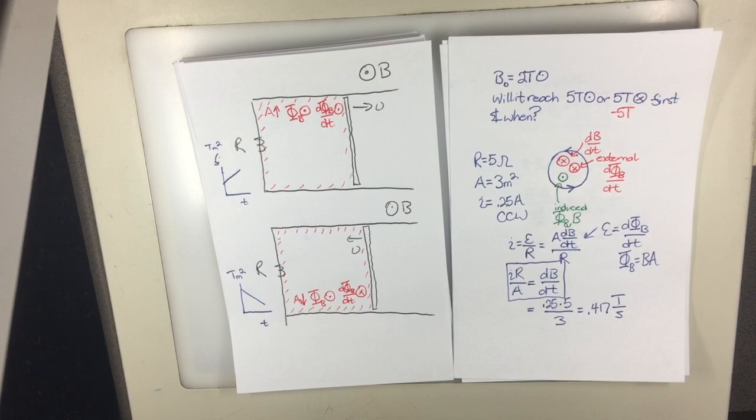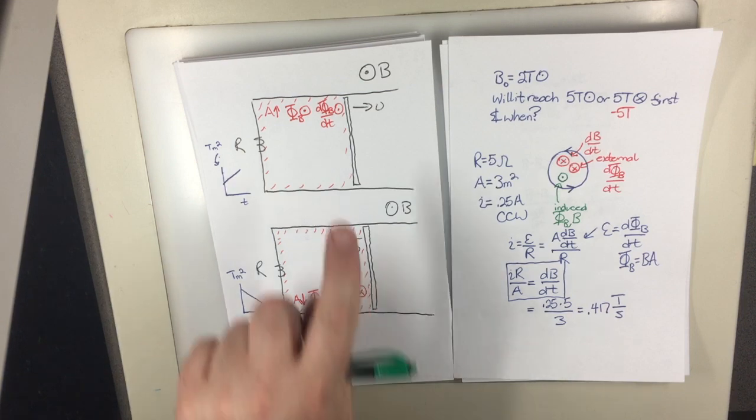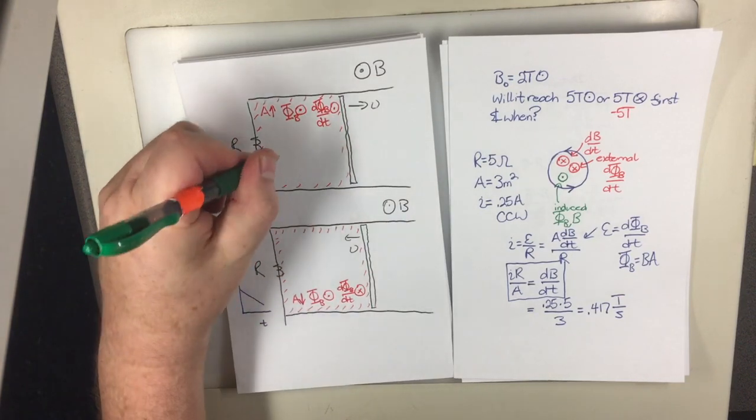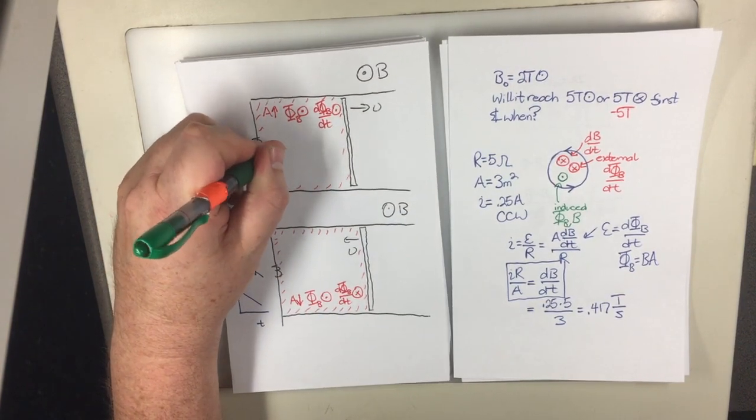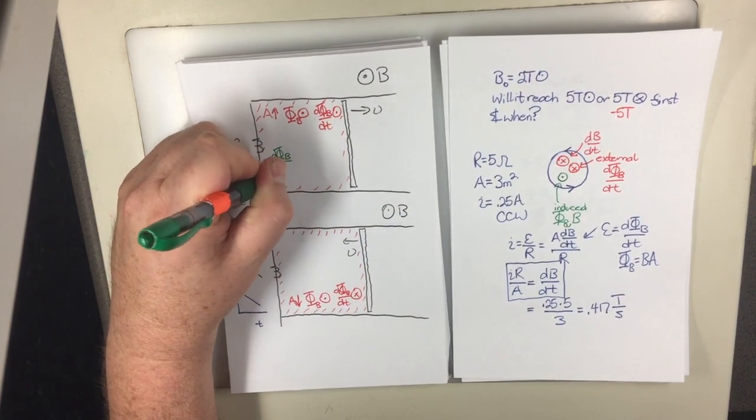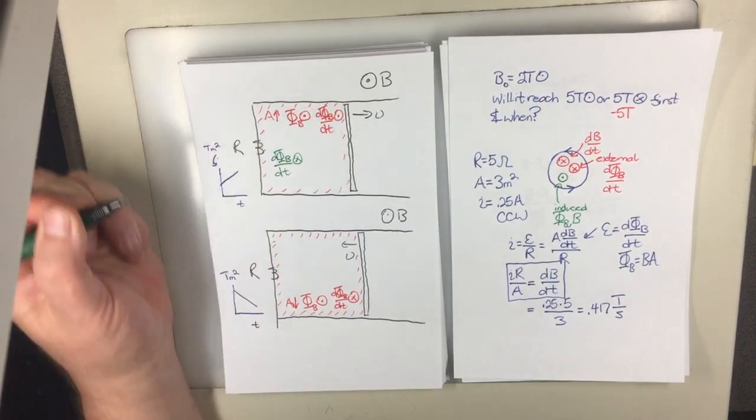Now Lenz's law kicks in. Lenz's law says, I don't care about flux, I don't care about the B field, all I care about is the change in flux. Change in flux there is out. So the induced change in flux is in.